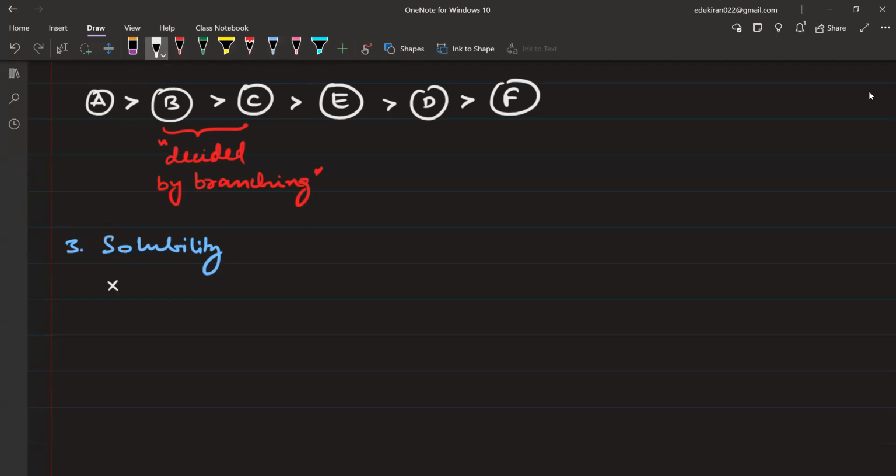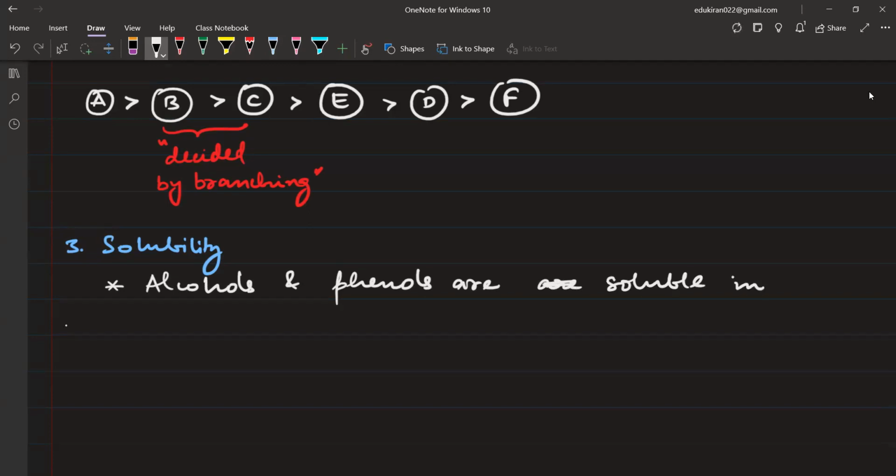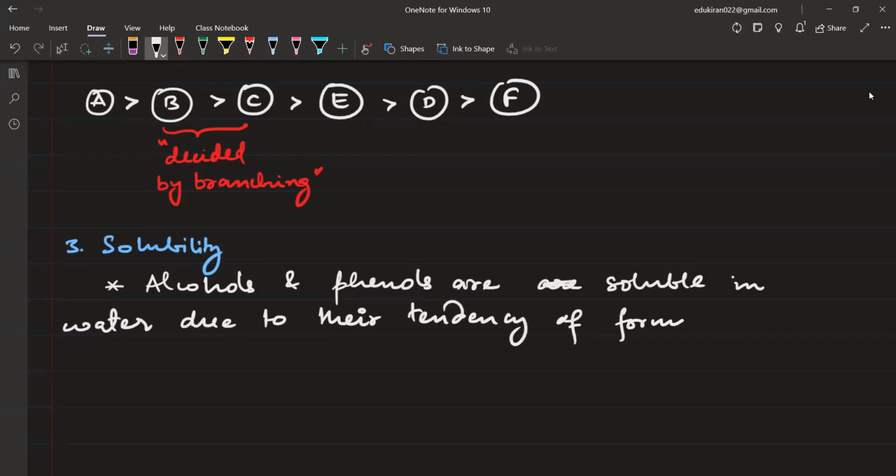Please write: alcohol and phenols are soluble in water due to their tendency of forming hydrogen bond with water.